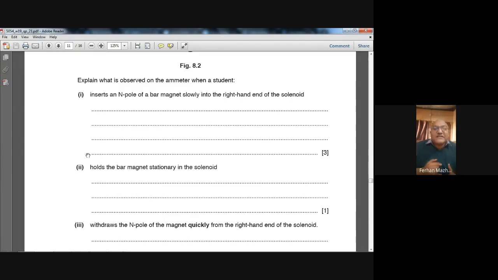When the magnetic flux becomes constant, there is no EMF induced, so the galvanometer will show zero deflection. Kindly write that answer.